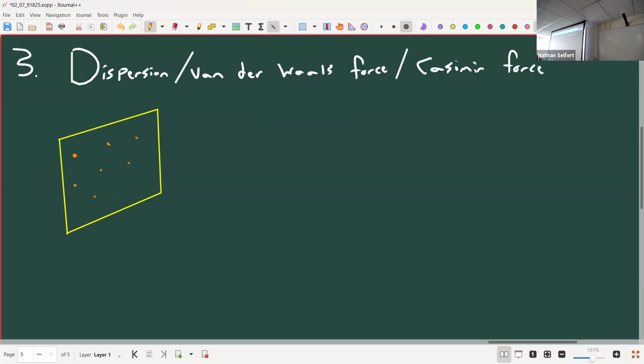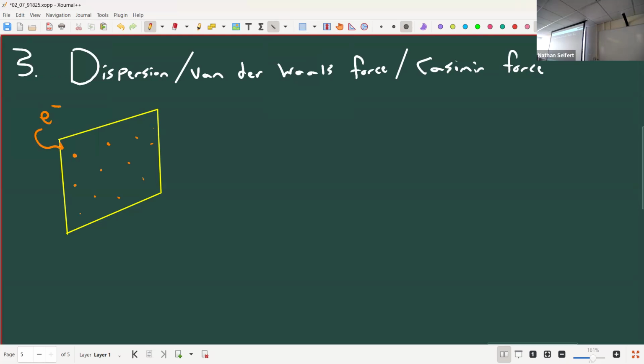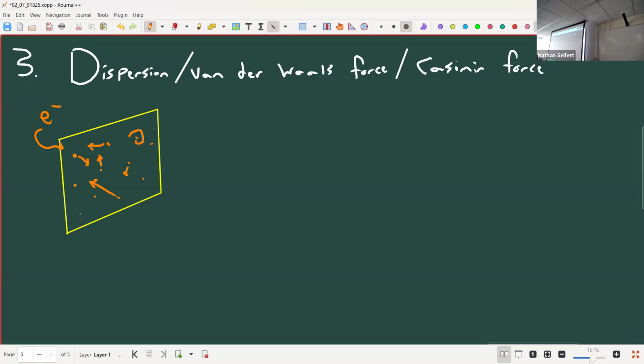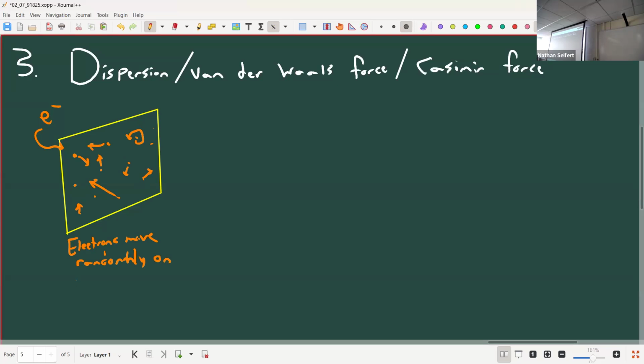These are electrons, and they're moving randomly. Maybe some are stationary, some are moving really fast, some are moving in circles. So electrons move randomly on a metal surface.